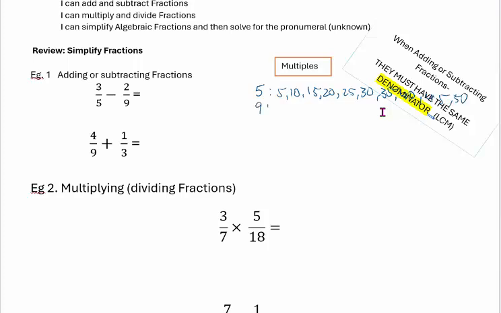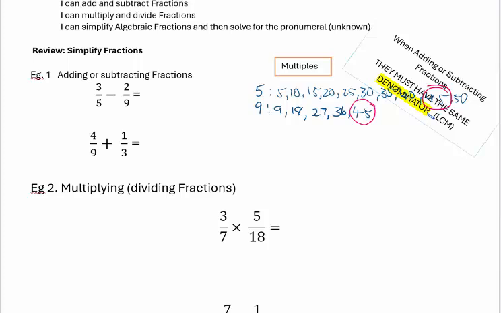Then I'm going to look at 9: 9, 18, 9 3s are 27, 9 4s are 36, 9 5s are 45. Look at that. I now have a number that both of them go into. So I need to make the 5ths into 45ths and the 9ths into 45ths.